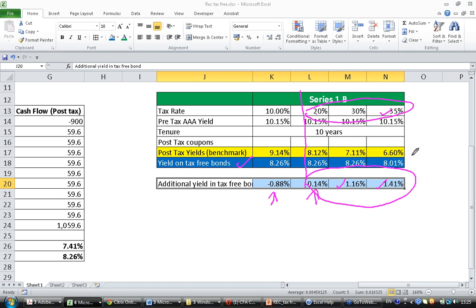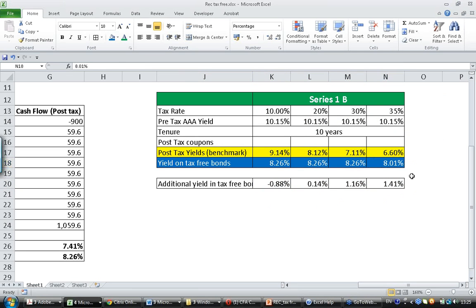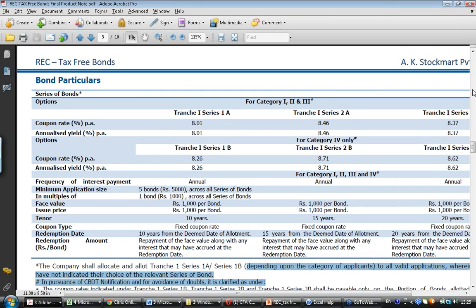So finally, one minor point that you may want to note here: for the 35% tax rate, I have put a yield of 8.01%, whereas for others, I have put a yield of 8.26%. The reason being, this is the yield that is available for corporate. For example, if you see here in this note, 8.01% is the yield available for 1A.